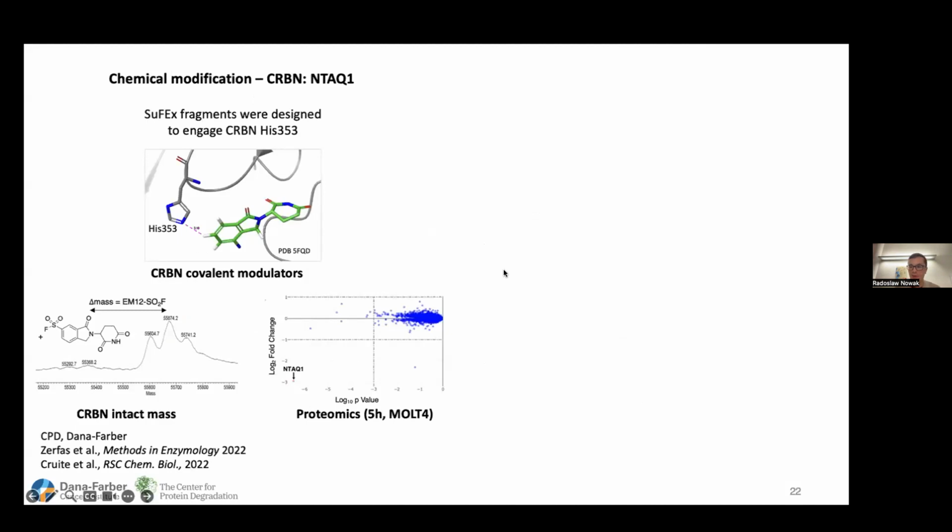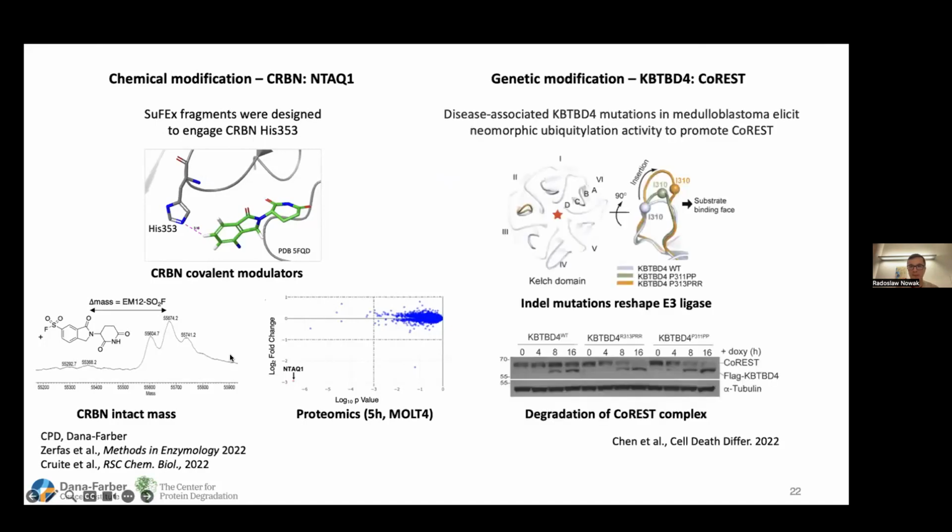So this kind of brings me to this short description that what we are able to do effectively here is chemically modify the ligase, and in this case we are chemically modifying cereblon to effectively cause degradation of novel neosubstrates, NTAC1. We have seen that through proteomics, we have seen that through cereblon intact mass, which is very similar to what we can actually do with this genetic modification, and that work has already been presented within the TPD webinar series.